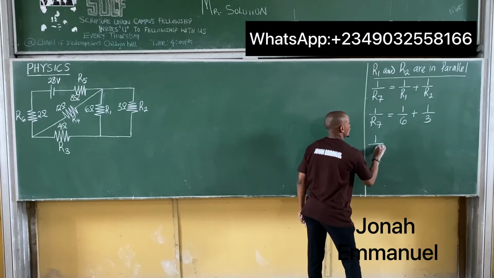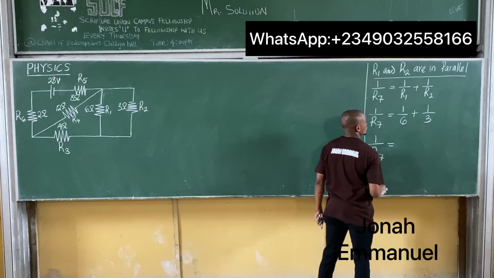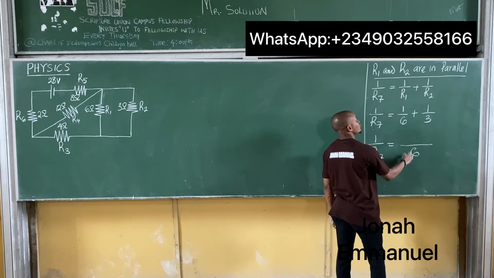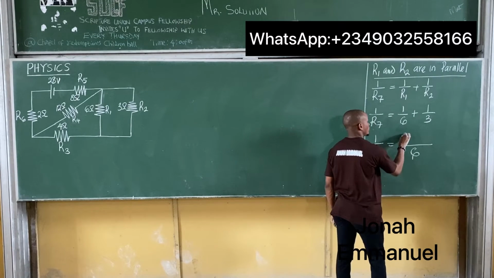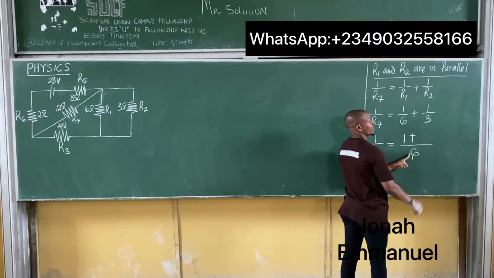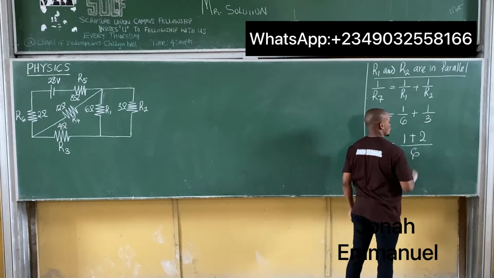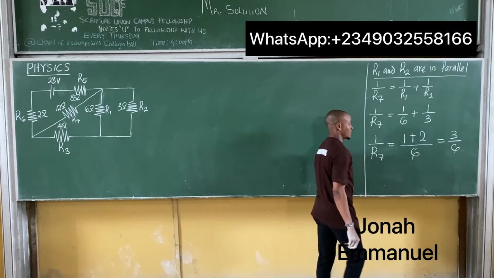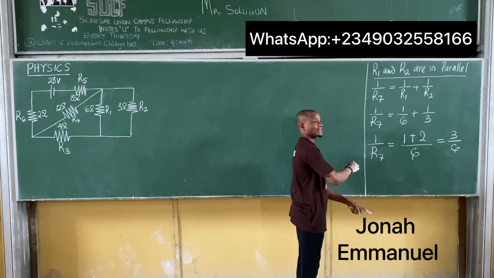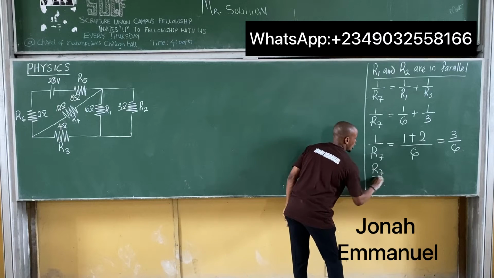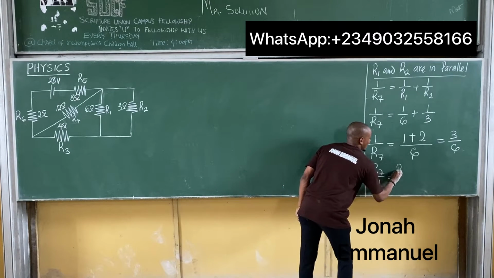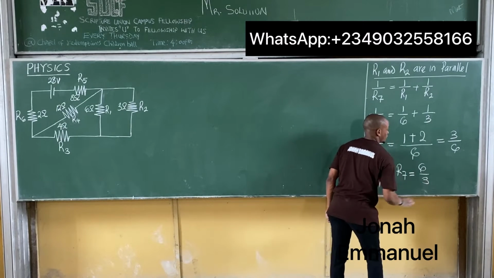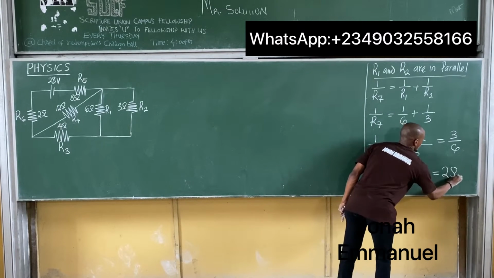The LCM here is 6. 6 over 6 is 1 times 1, 1, plus 6 over 3 is 2 times 1, 2. So this is equal to 1 plus 2, 3 all over 6. That means R7 over 1 is equal to, invert this, 6 over 3. That makes 2 ohms.